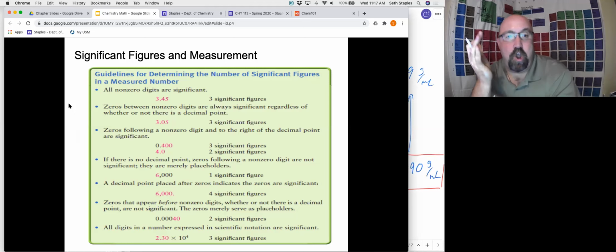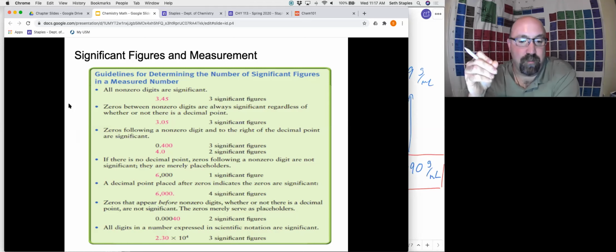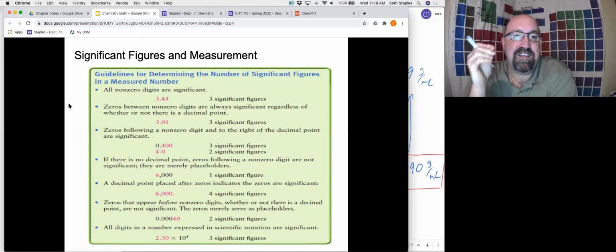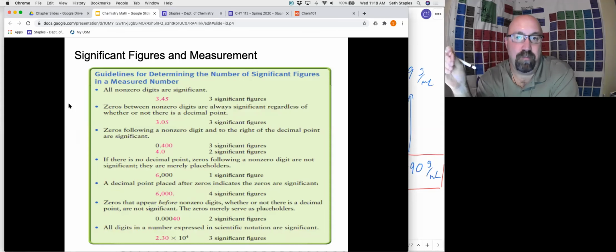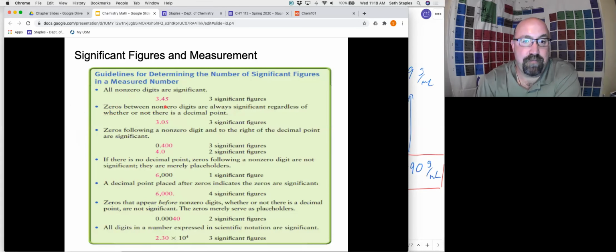Anytime you have a non-zero, so this is where you're going to be looking at a measurement and counting how many significant figures are in that measurement, all non-zero digits are what we call significant. And so here we have 3.45, all non-zeros, so there are 3 significant figures there. Zeros that come between non-zeros are also significant, whether or not there's a decimal point there.